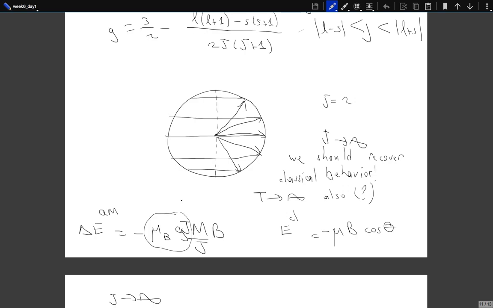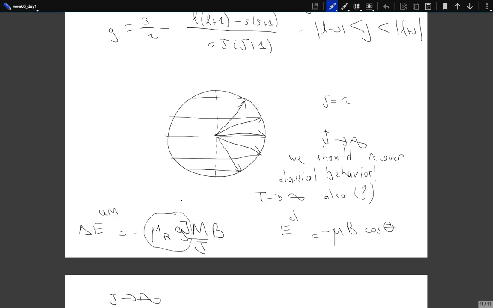Of course, on one hand, we want j to go to infinity so that m over j takes continuous values. You see, m over j is cosine theta. So m over j takes continuous values, which means that the magnetic dipole moment can be oriented in any direction. But on the other hand, we don't want the shift in the energy to diverge. When j goes to infinity, m also goes to infinity.